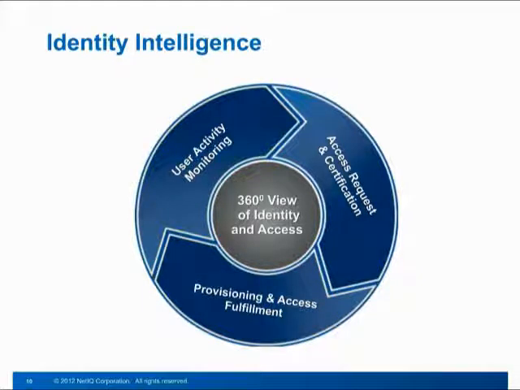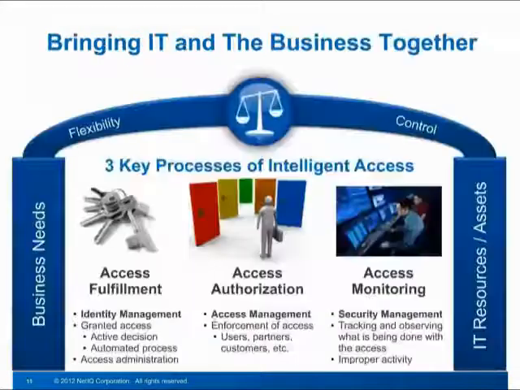So as you can see, all of these things are intertwined and are necessary in order to establish a full 360-degree view of identity and access management. If we drill a little bit farther into this, there are three specific key processes of intelligent access. To build on what I stated previously, there's access request, access fulfillment, authorization, and then monitoring.